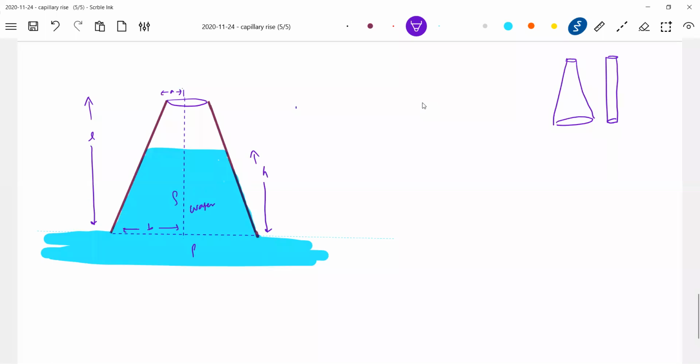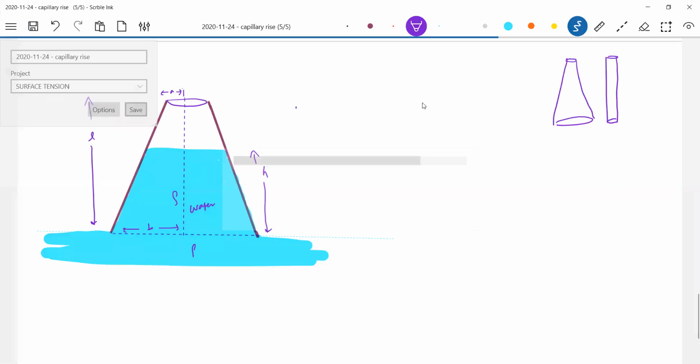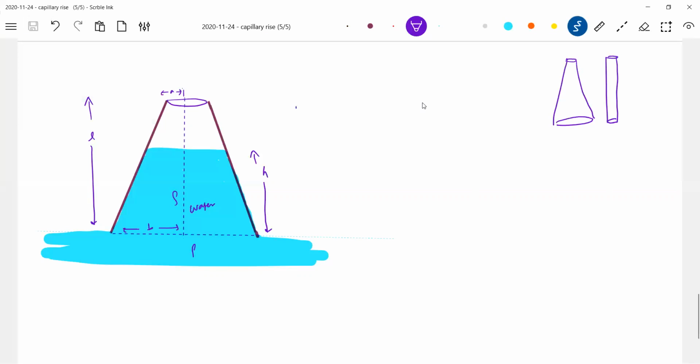So what is this? There's a conical pipe, but it's not a big one. It's a capillary. A will be say 2 millimeter. B will be say some 6 millimeter or 8 millimeter like that.